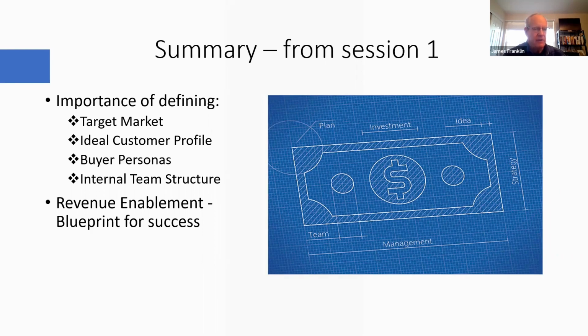Now that all will build on what we're going to talk about today in the lead generation session. Again, this is a very brief summary from session one, but I want the audience to keep in mind the importance of the target market, ideal customer profile, buyer personas, and team structure. If you have those in place, you'll have your foundation for success.